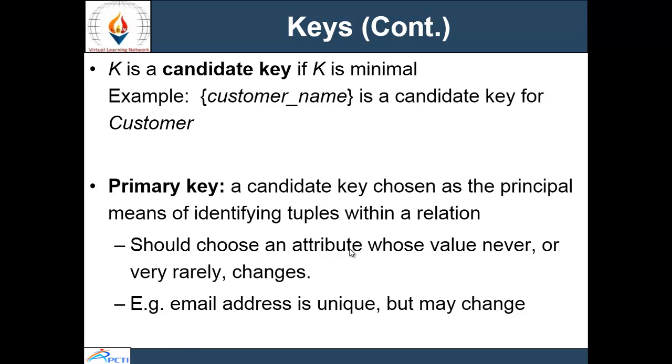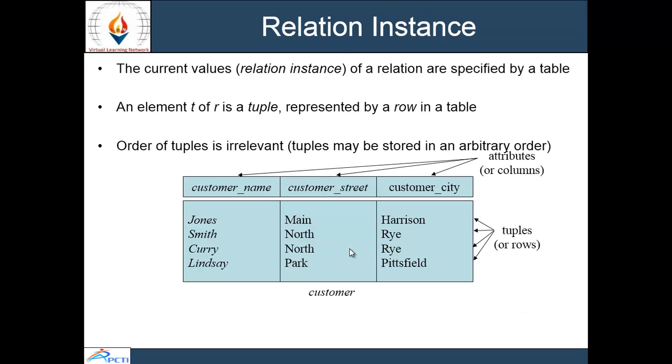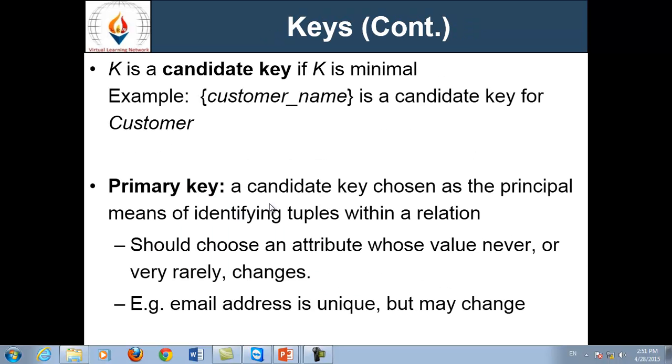Next is keys. If we create a table, for example in this diagram, there are a total of 3 fields in this table. Now there are different types of keys available in a table to identify different parts of the table.